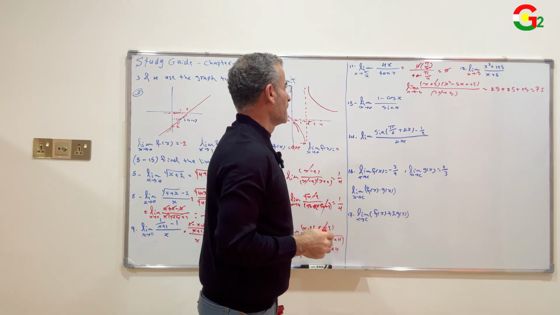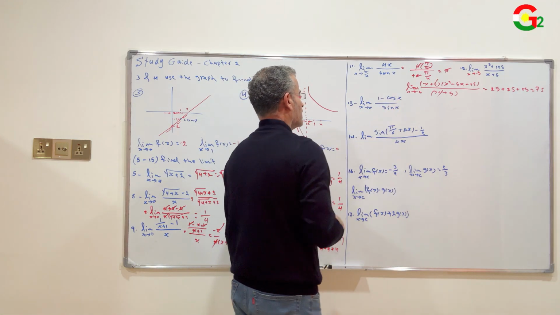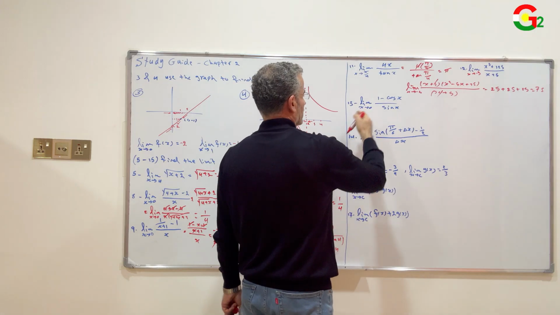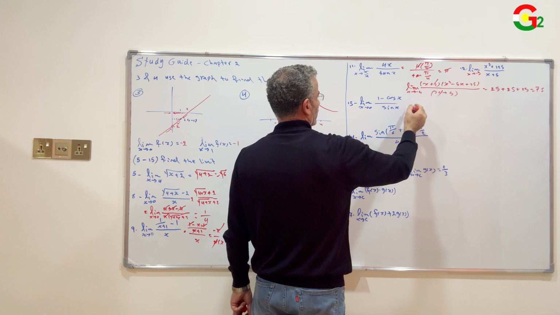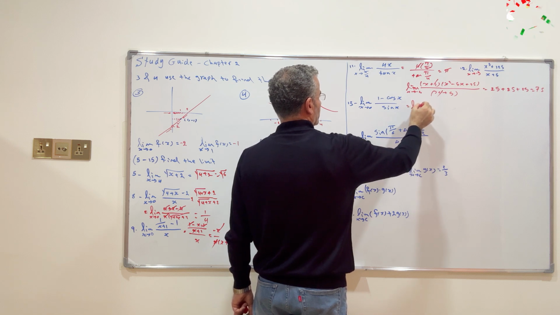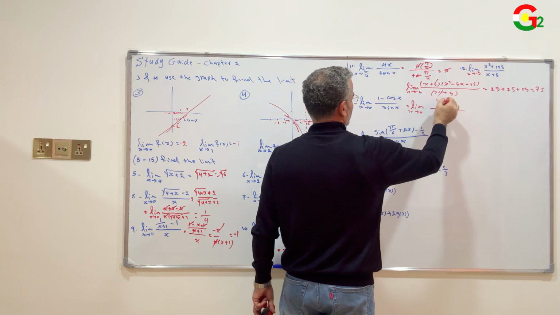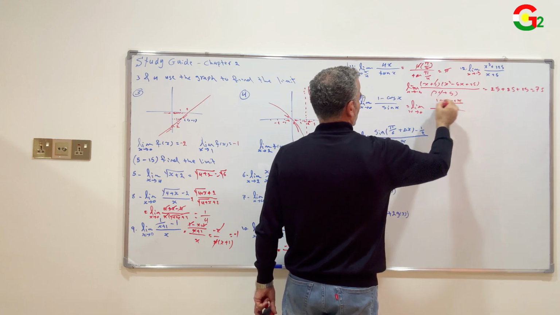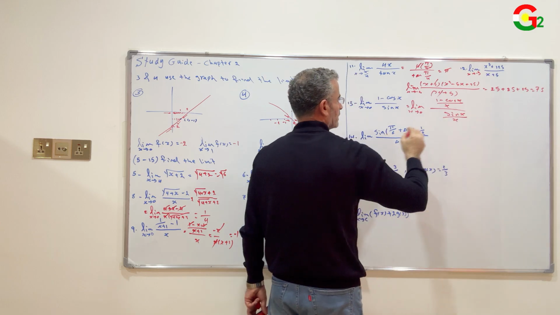Number 13: the limit of (1 minus cosine x) over sine x as x approaches 0. 0 is not in the domain of this function, so try to simplify it. Divide the numerator and denominator by x.